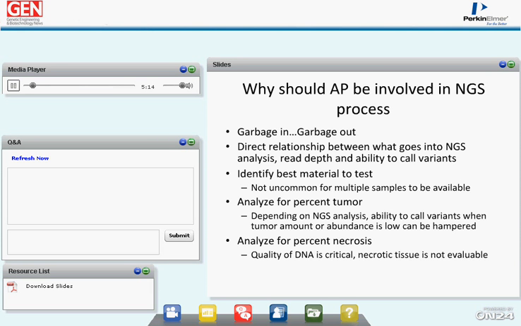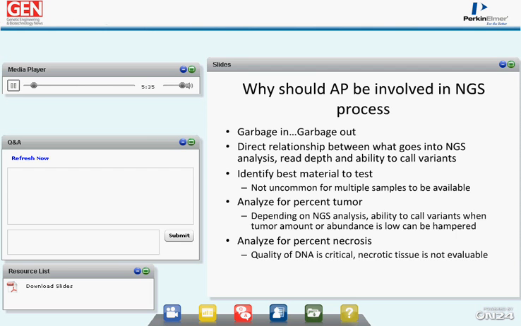Next-gen sequencing relies on the ability to call variants based on the amount of tumor that's actually present within a sample. And very, very small samples of tumor that have low abundance of tumor relative to stroma can actually make the next-gen sequencing ability to call variants that much more challenging.